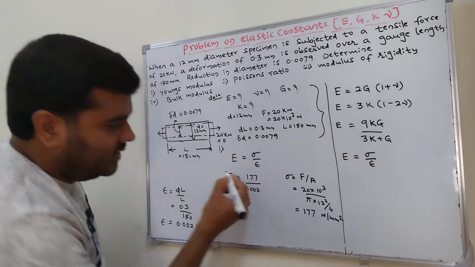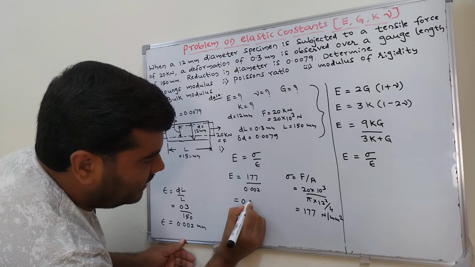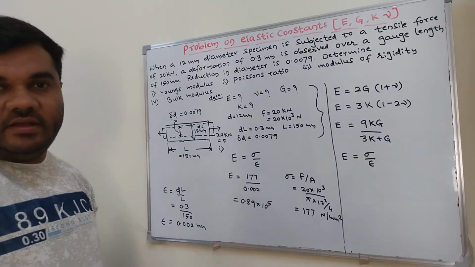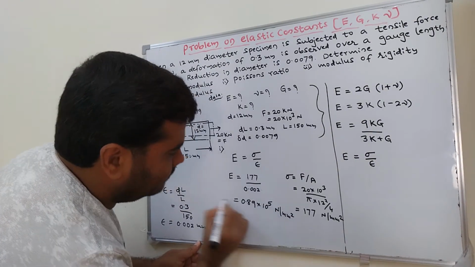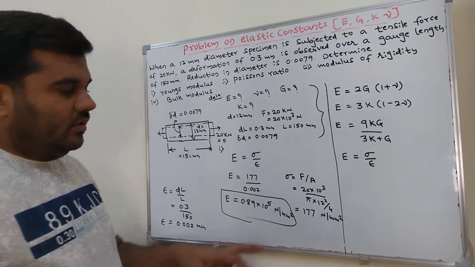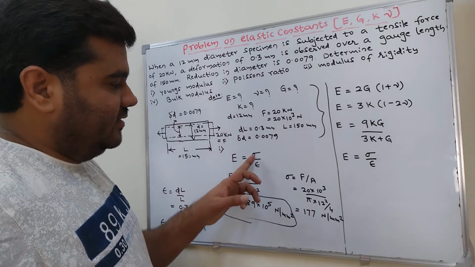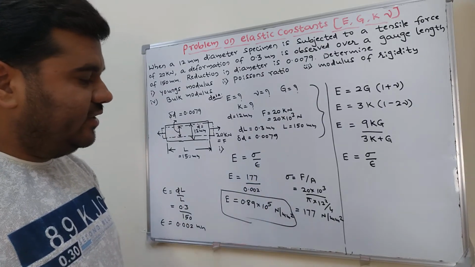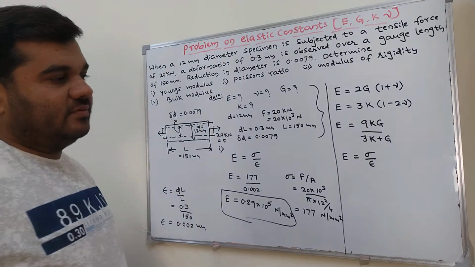After simplification, we will get E equal to 0.89 into 10 raised to 5 Newton per mm square or MPa. That is the E value. Because the numerator, the stress value, is in Newton per mm square, but strain has no units, that's why we are getting Newton per mm square. So this is the first bit, Young's modulus, we found out.